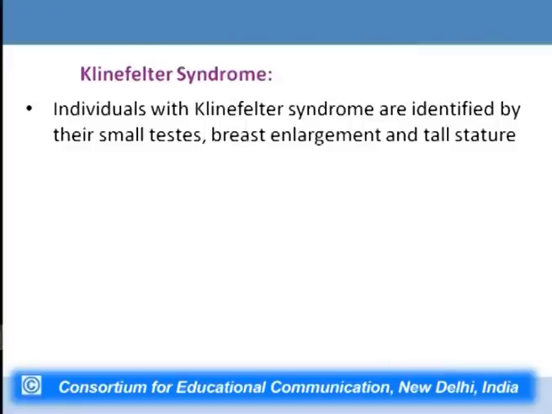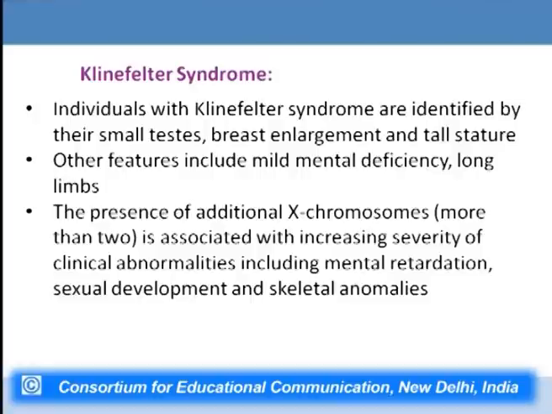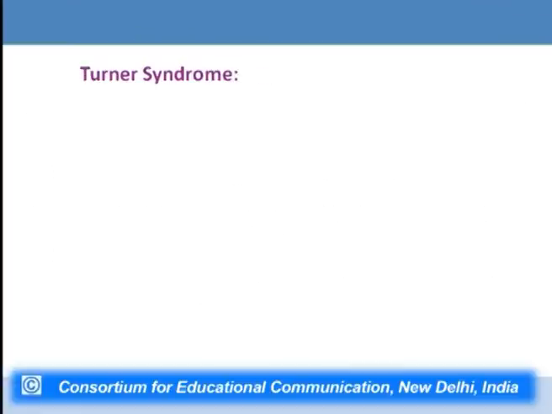These individuals have small testes and they show breast enlargement, and they are very tall in stature. Though they are males, they have small testes and they also develop breasts. Other features include mild mental deficiency and long limbs. And if there is more than one extra X chromosome, then it will lead to severe mental retardation and late sexual development and skeletal abnormality.